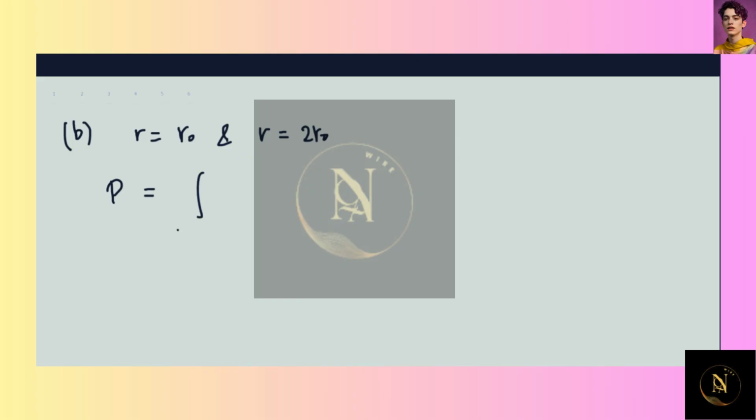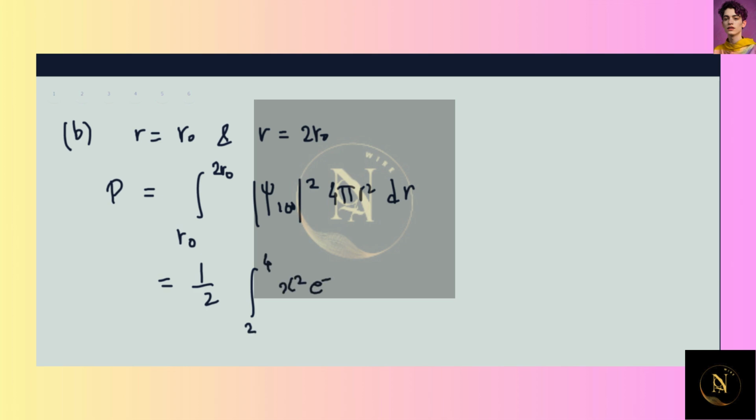We have this probability density times 4 pi r square dr, and after going through all of the steps that we did for part A, we find that the only thing that changes are the limits. In the previous case we had limits from 0 to 2, and in this case we have the limits 2 to 4.